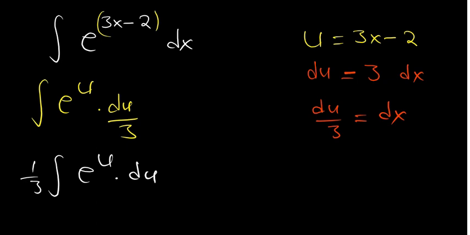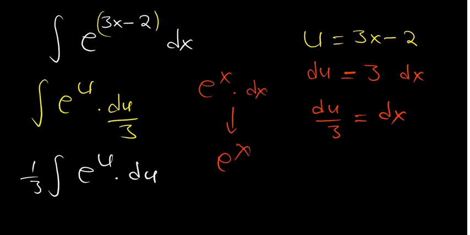So here what we're doing is integrating our exponential. One thing that you need to know is, if you're integrating e to the power x with respect to x, the answer is always going to be e to the power x.